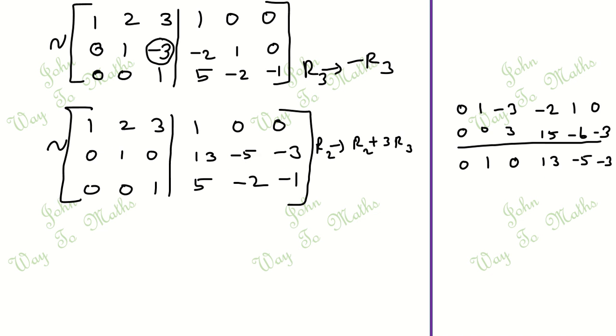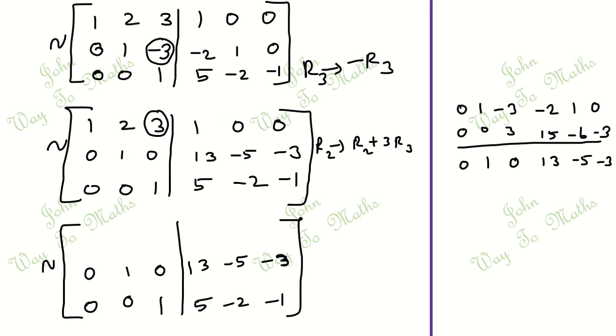Next, the 3 in the first row becomes 0. Only the first row changes; the second row and third row stay the same. Row 1 can be written as row 1 minus 3 times row 3. Row 1 is 1 2 3 1 0 0.